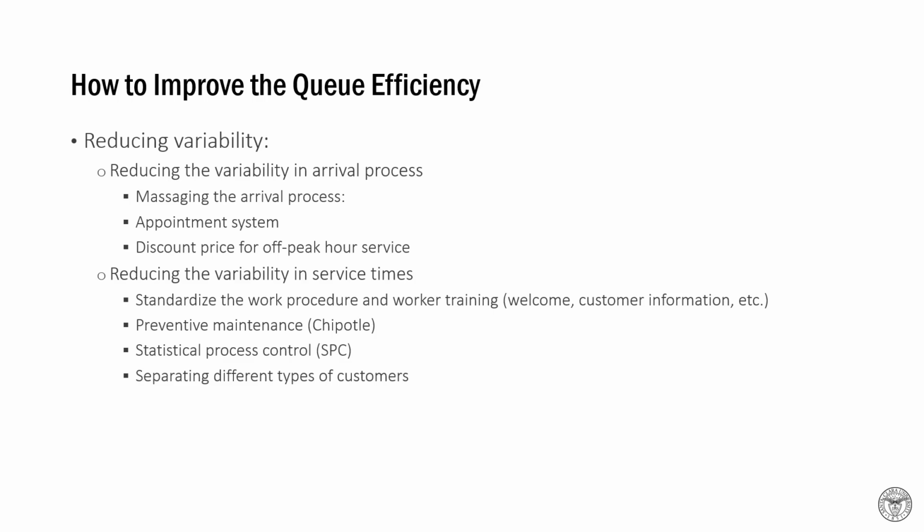Additionally, standardizing work procedures and consistent work training can reduce service time variability, ensuring that all processes from welcoming customers to gathering their information are carried out uniformly. Regular preventive maintenance and statistical process control (SPC) can also contribute significantly to this goal.